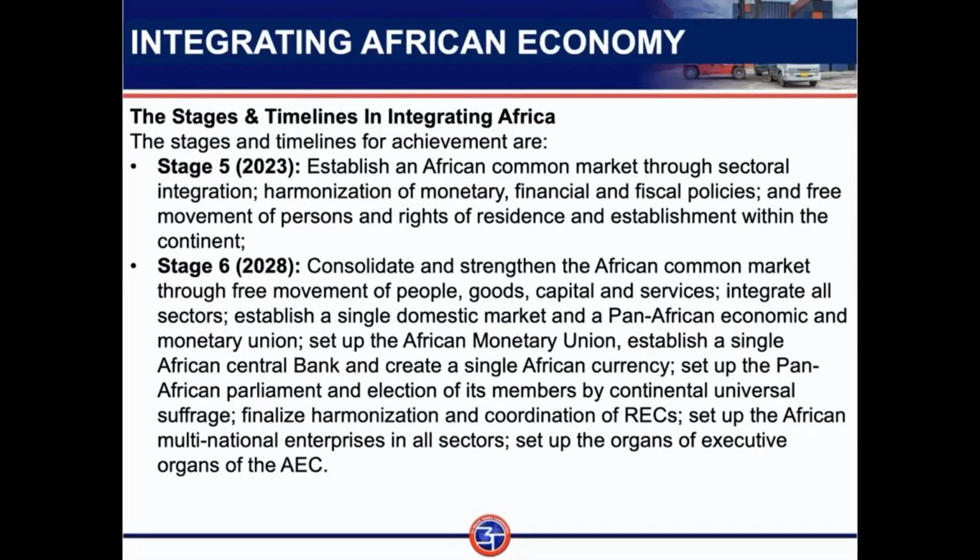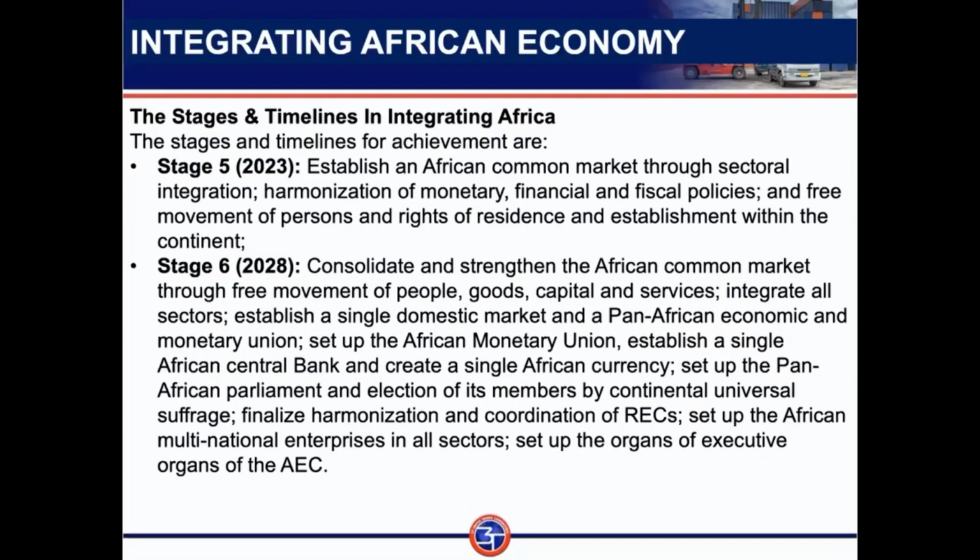Then stage 6, consolidation and strengthening of the African common market through free movement of people, goods, capital, and services, integrate all sectors, establish a single market and a Pan-African economy with a monetary union. At that time, maybe we'll be thinking of an Afro, like the Euro, a currency for the African continent.